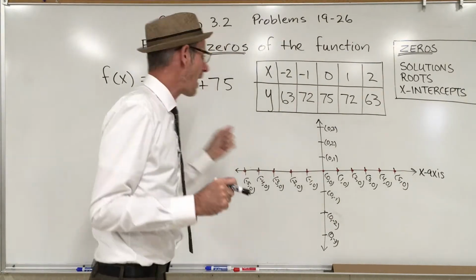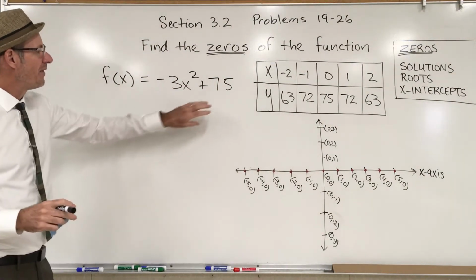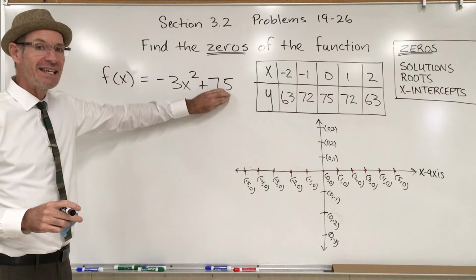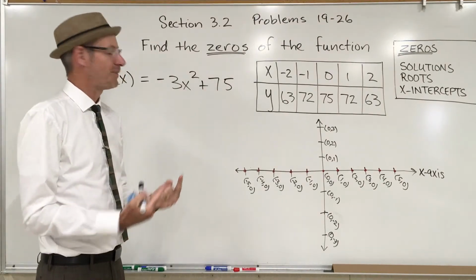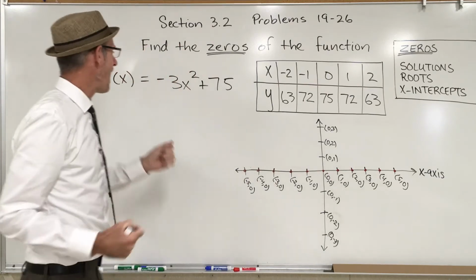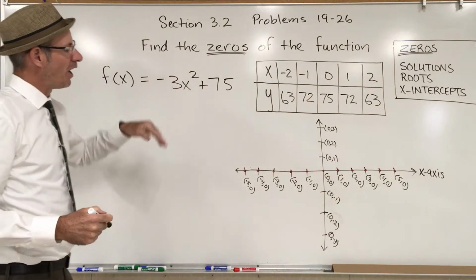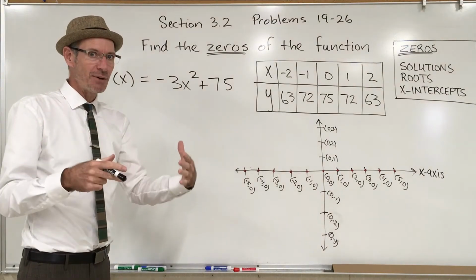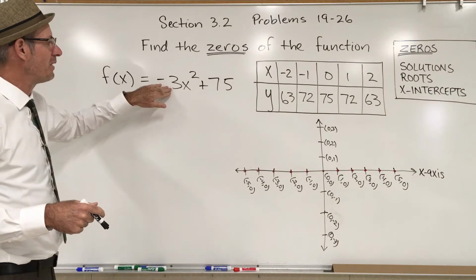We should have known that when we looked at our original function, because we know that this 75, if our C value is 75, it's going to translate our graph up 75 units. And if our A value is -3, our graph is going to open down, and our graph is going to have a vertical stretch of 3.